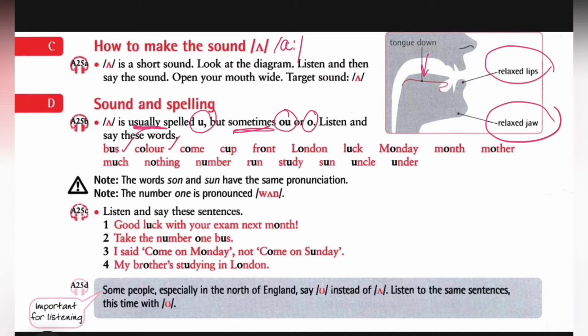Color, color. Come, come. Cup, cup. Friend, friend, not front. I am not inventing the pronunciation. If you have any pronunciation dictionary right next to you, you will find that that is the pronunciation that you have in the RP.